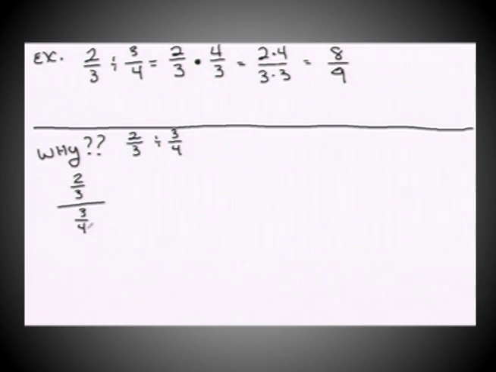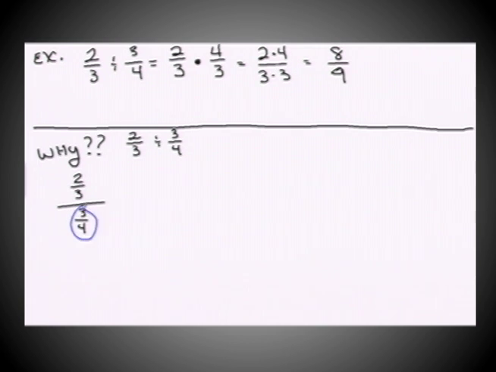So to show how this dividing fractions thing works, we're going to multiply by 1 in the clever form of the reciprocal of the denominator over the reciprocal of the denominator. Now that's a lot of words, so I'll show you what I mean here. I'm going to multiply this entire compound fraction by the reciprocal of the denominator.